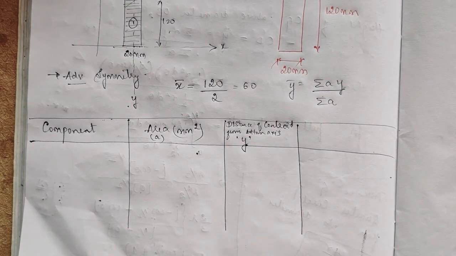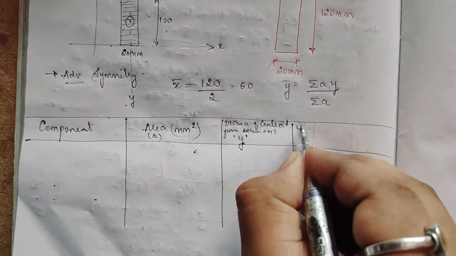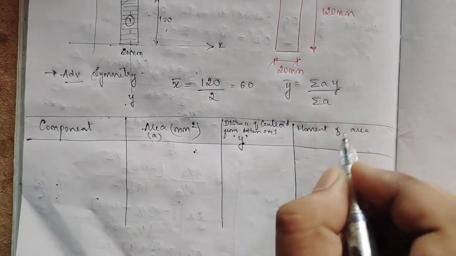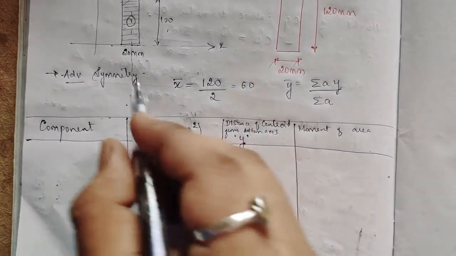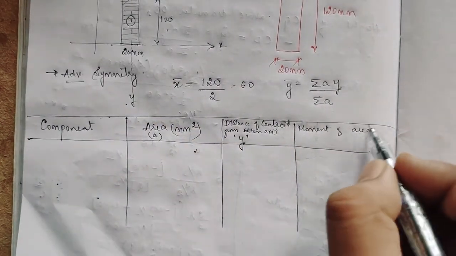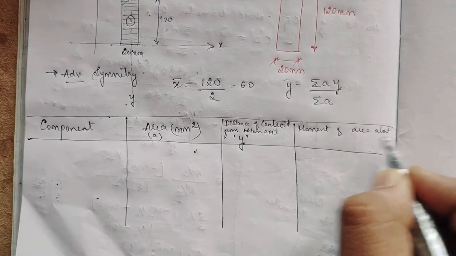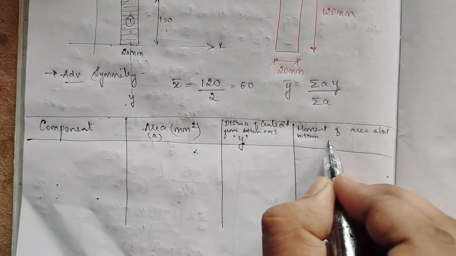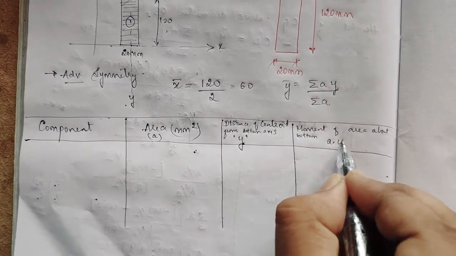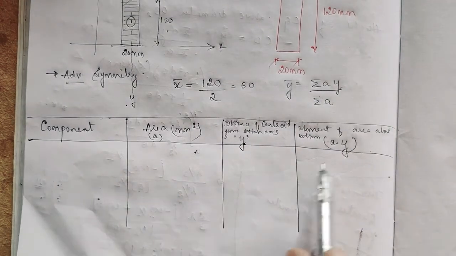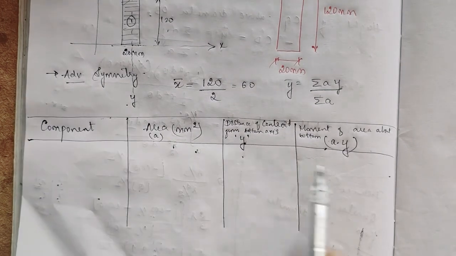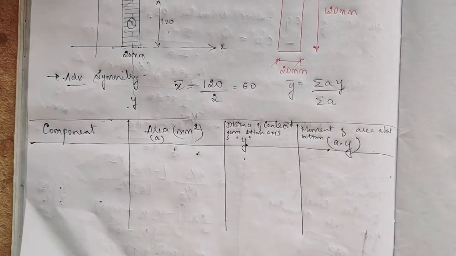Next is the moment of area about the bottom reference axis, which is A into y. Whatever area we got, into y, we get Ay.